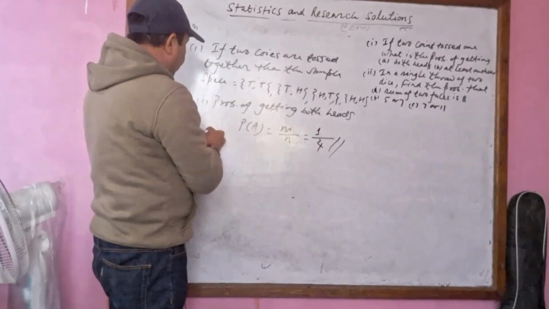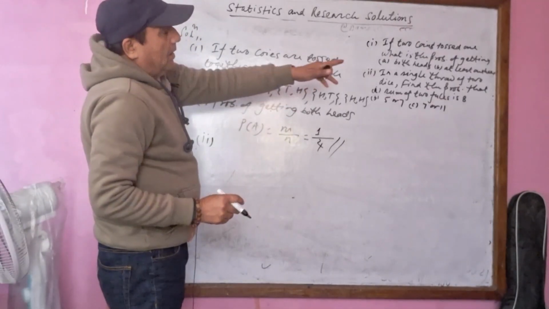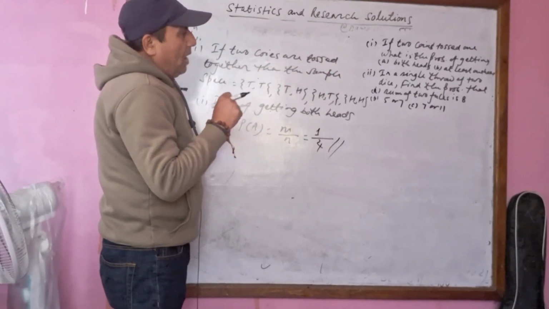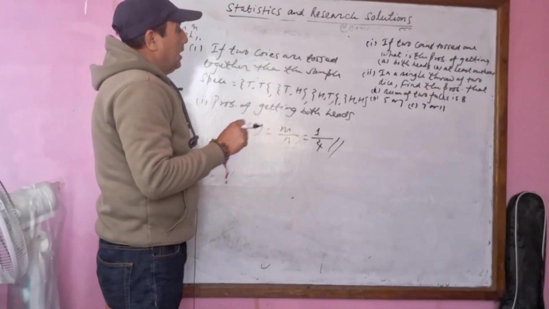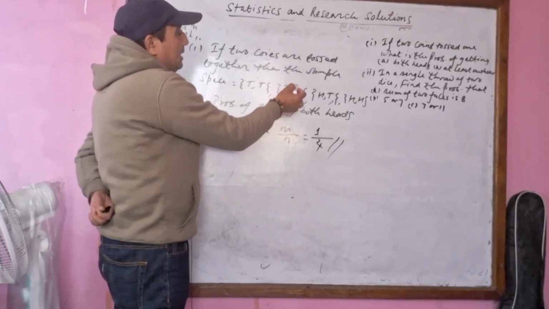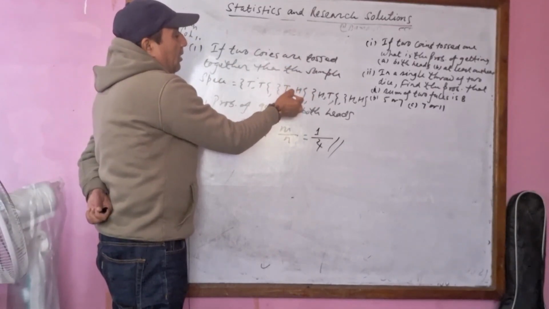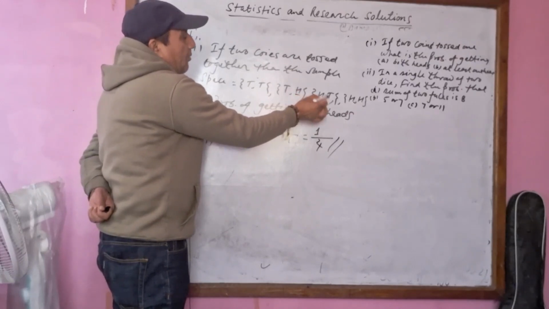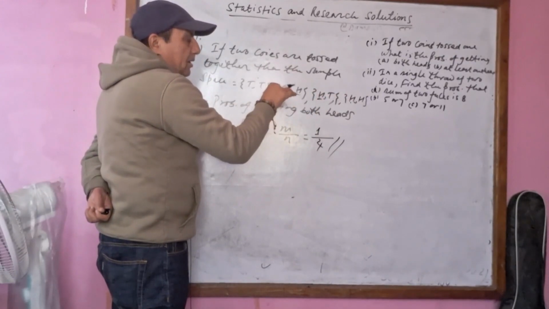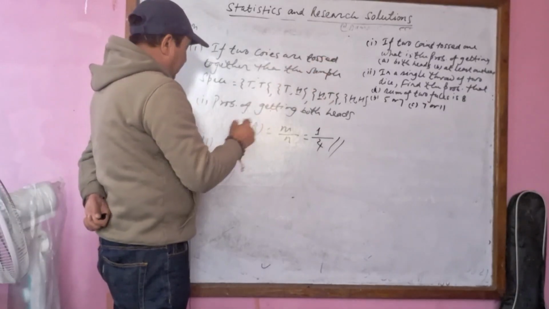And the second one, at least one head. At least one head means one or more than one. That is three cases: one head, and two heads. At least means one or more than one.